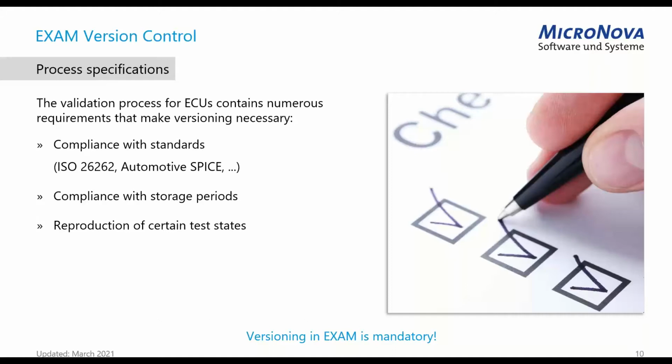Examples are being compliant with automotive standards such as functional safety ISO 26262 or the ASPICE standard, or compliance with your corporate storage periods, or just being able to reproduce and recreate any test states. After all, I think it's crucial that when you have a testing strategy, versioning is part of this testing strategy, and this also makes versioning in EXAM mandatory to be compliant with the process specifications.